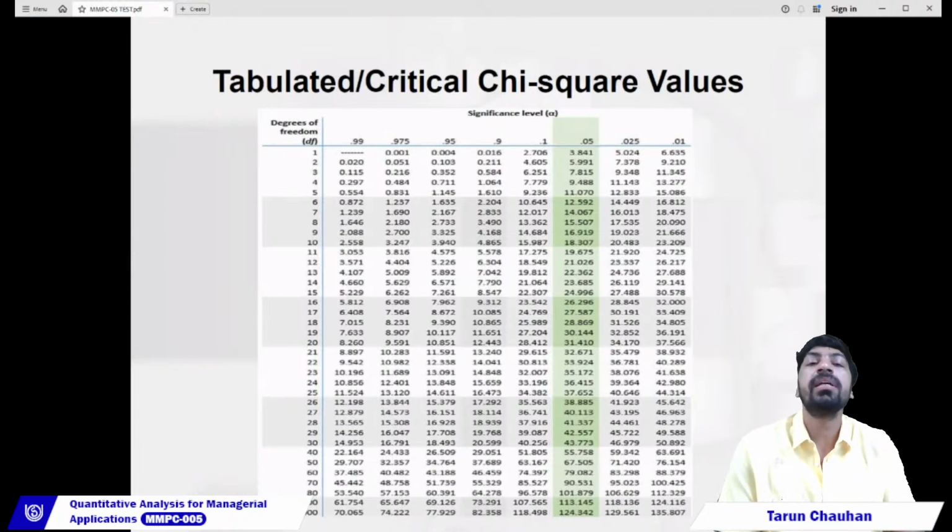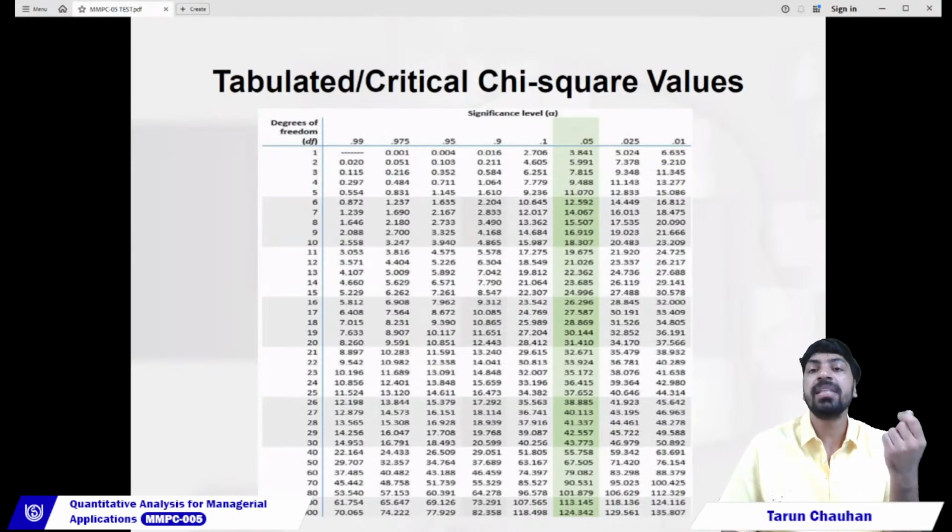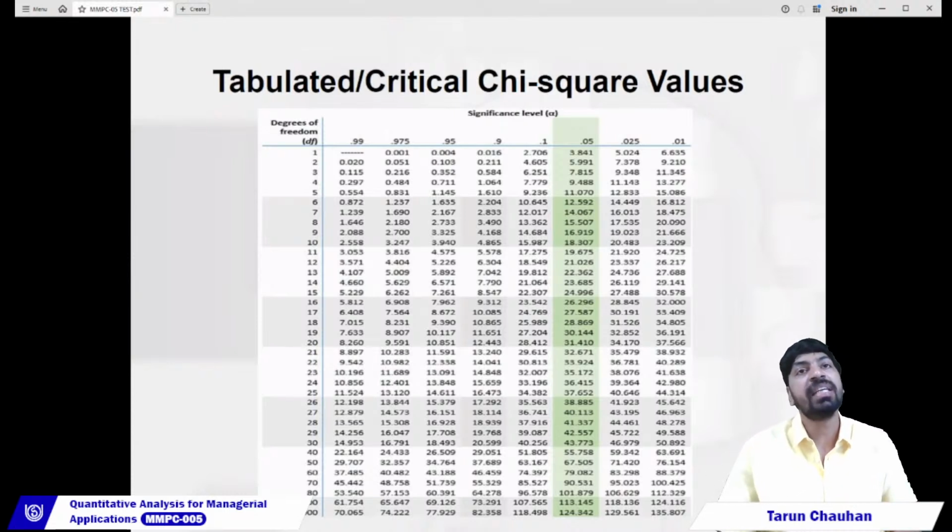This is called the tabulated critical chi-square value. It is one of the chi-square distribution tables which you can find anywhere, or in a statistical table book. And when we see that the df, that is degree of freedom, is 1 and the significance level is 0.05, then the value is 3.841.